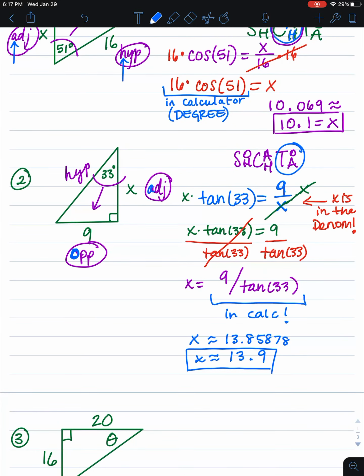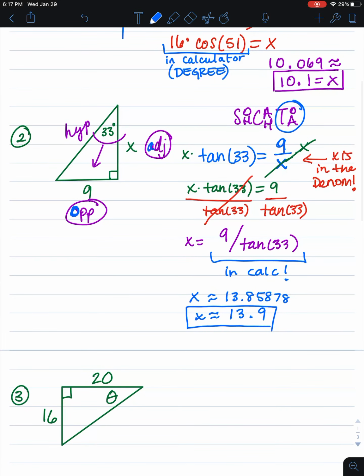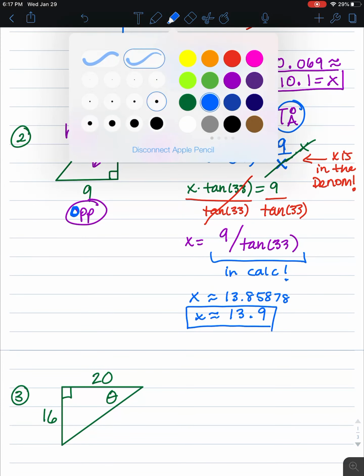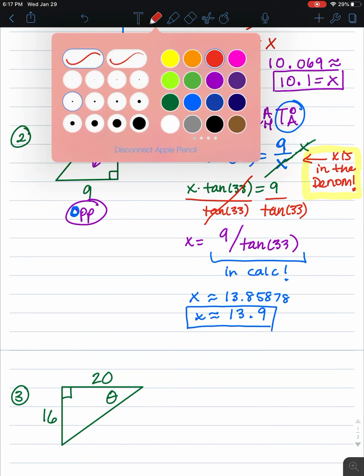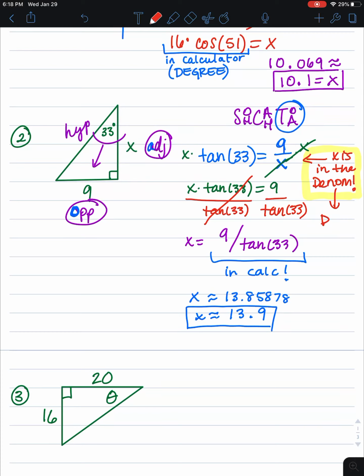Okay? All right. So keep this in mind. This is really important. When x is in the denominator, you need to divide. When x is in the denominator, you must divide.